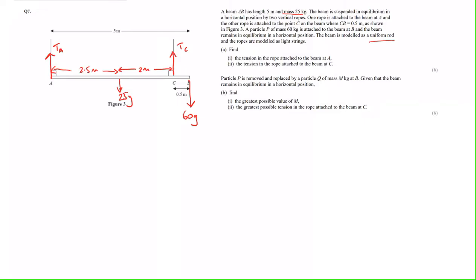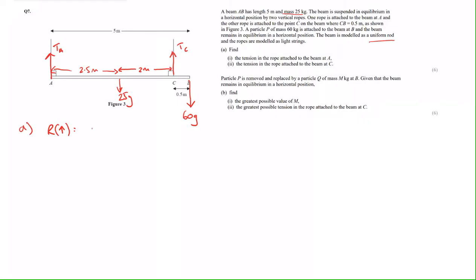The first question says, can we find the tension in the rope at A and the tension in the rope at C? So in doing this, there's two things that we can do. First thing I'd be tempted to do is to resolve all the forces. This might actually find something for us, or just give us a useful equation. So we'll resolve the forces vertically.